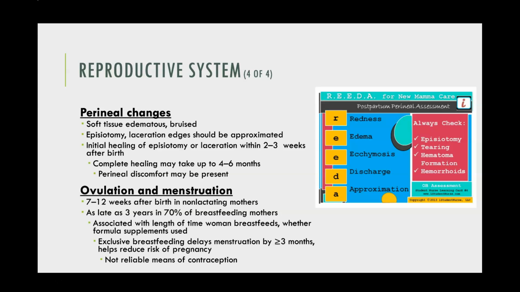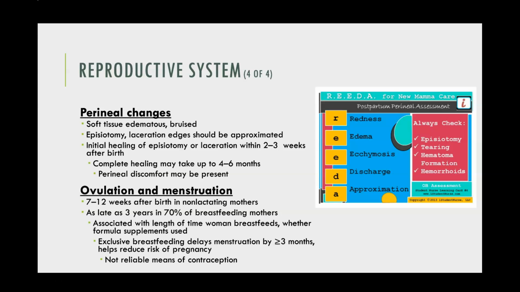Ovulation and menstruation in postpartum women will usually get back on track around 7 to 12 weeks after giving birth in moms who are not breastfeeding. For moms who do breastfeed, ovulation and menstruation can take up to 3 years to come back. It is associated in breastfeeding moms with the length of time that she breastfeeds and whether or not she supplements that breastfeeding with formula or other foods.